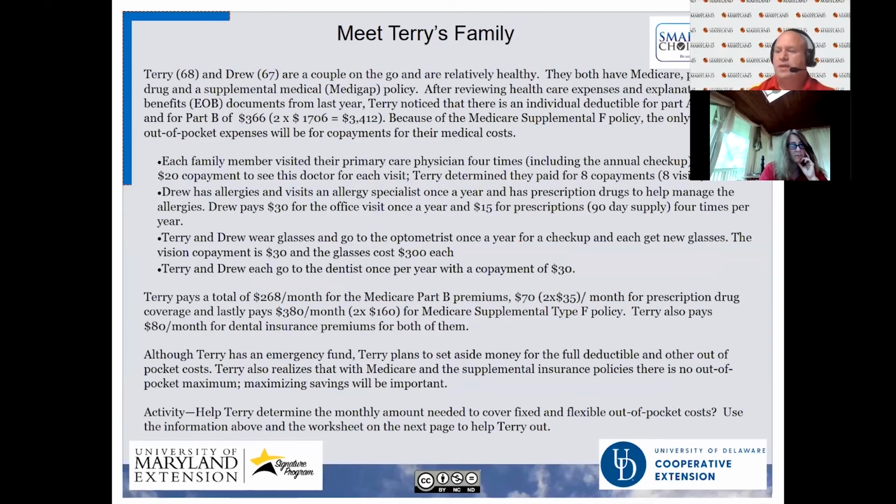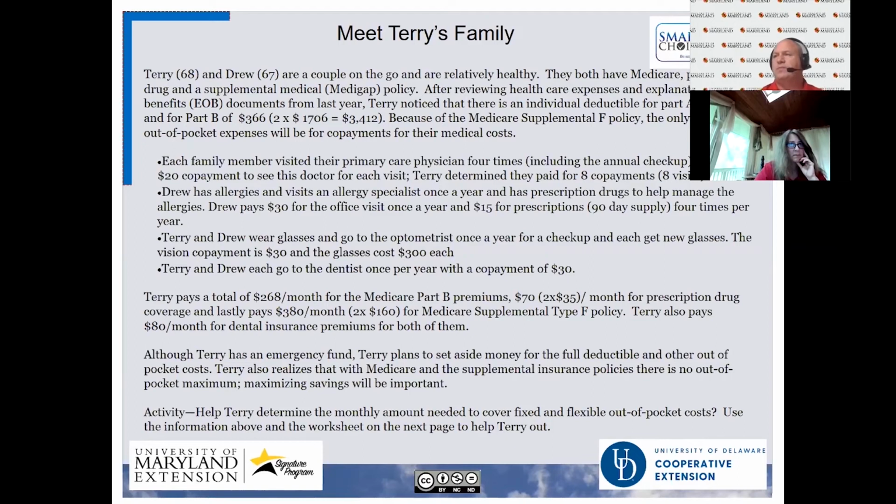So here you have the Terry family. You have Terry, who's 68, and Drew, who's 67. They are a couple on the go, relatively healthy. They both have Medicare, prescription drug, and supplemental medical policy, Medigap coverage.